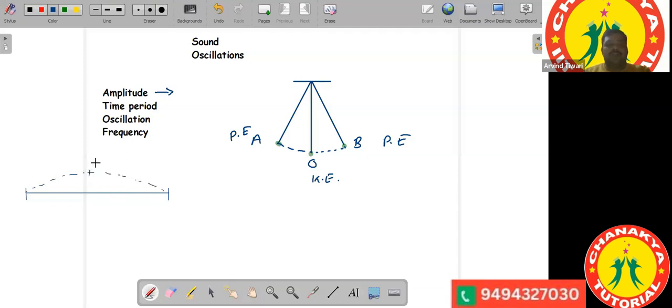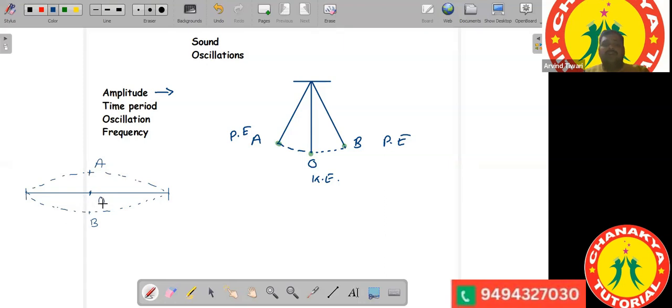Suppose I move it over here to this point A, and then I release this. So it passes through the mean position and passes to the other side, which is B, and hence the string keeps on vibrating between the two positions A and B. This is the middle position O.